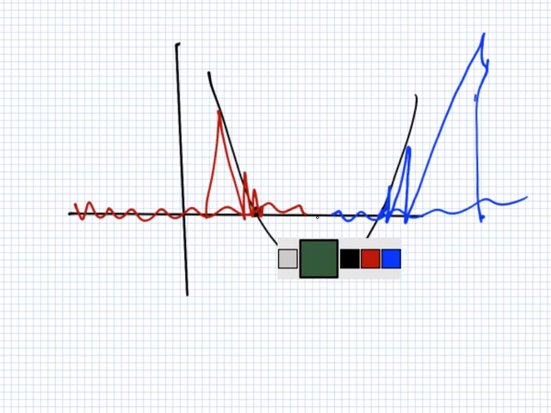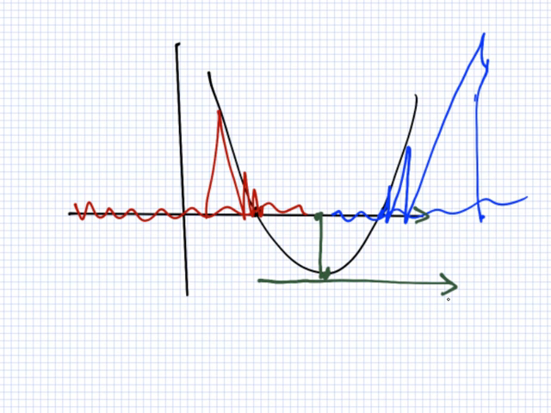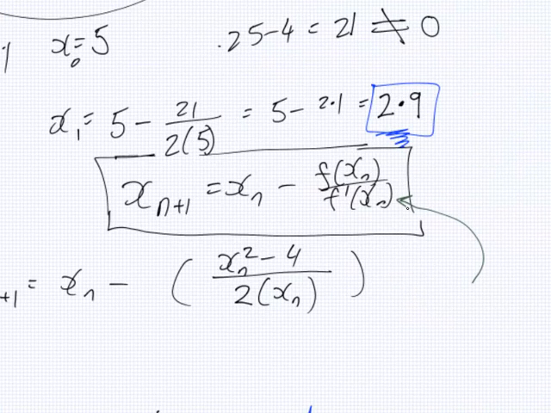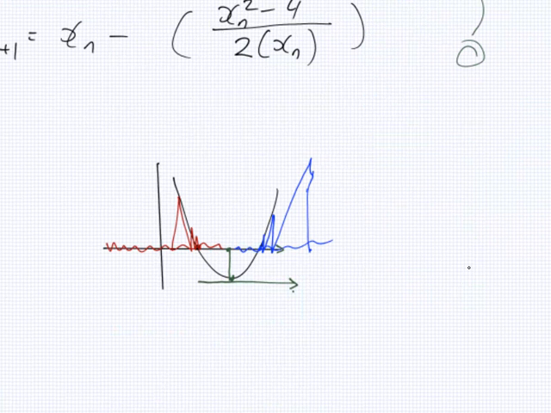But if you were unlucky to start exactly at the turning point, its derivative is 0, it means you get a parallel line and you never cross the x-axis. Basically, you have a problem because this piece here is 0. But that would be very bad luck that you hit a turning point.